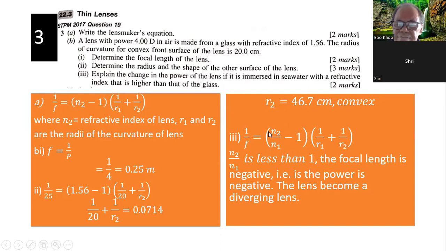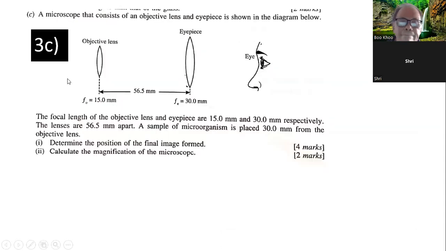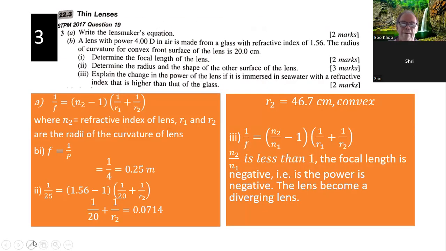Focal length is negative. The power is negative. The lens becomes a diverging lens. So that's how you argue it out. Okay or not? Which part is not clear?